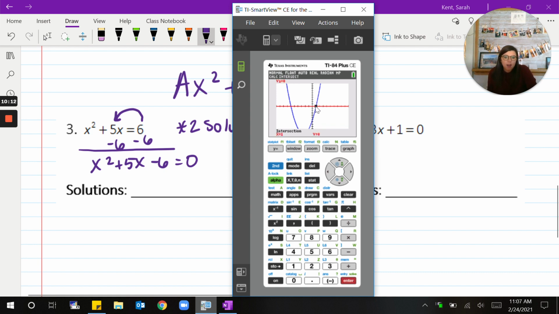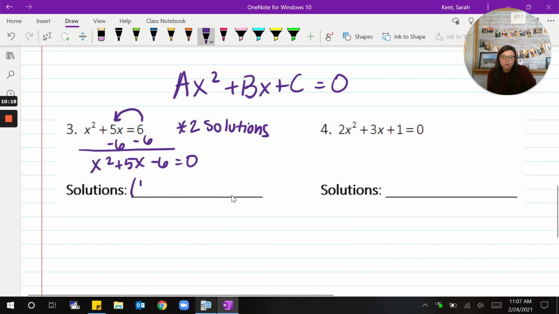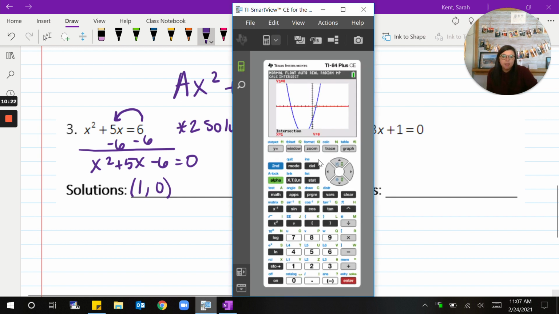So here I have one side, which is at x equals 1, y equals 0. So one answer is 1, 0. And then I need my second solution. So I'm going to do second trace 5. But this time I need to move it over to the other side. There it is. So now it's on the other side.